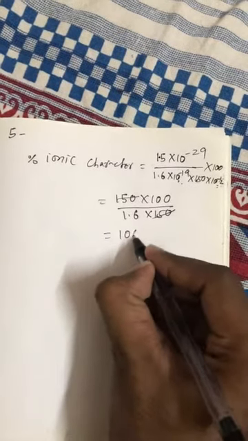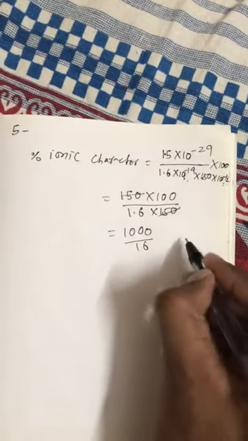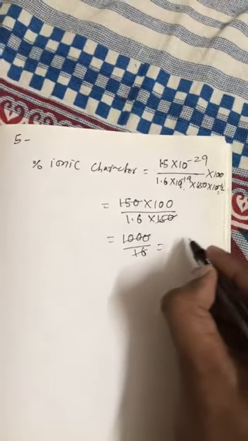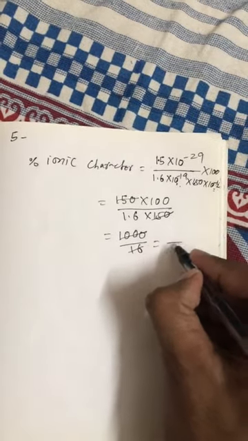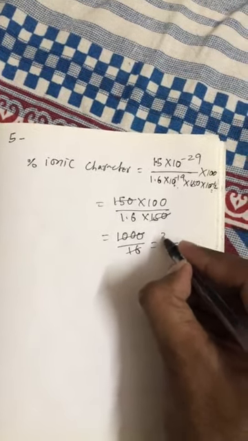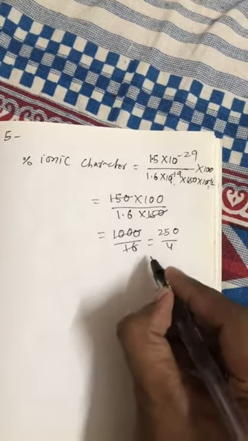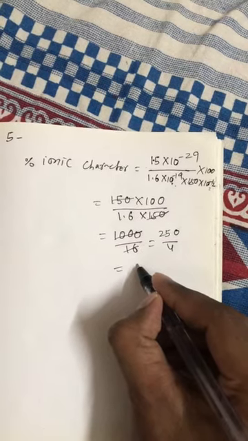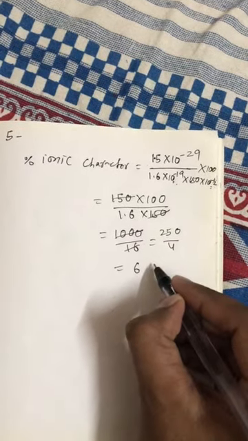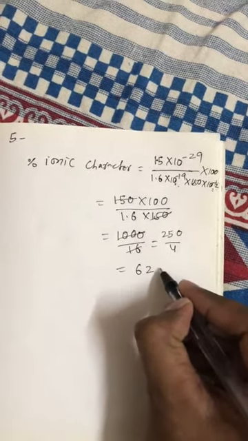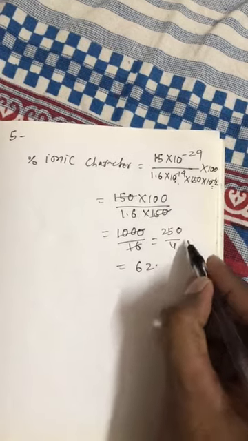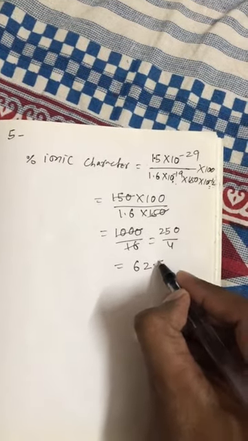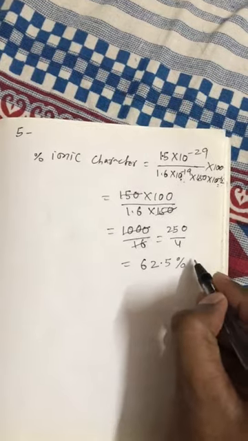So percentage ionic character will be this, or we can say 250 by 4, that is 62.5%.